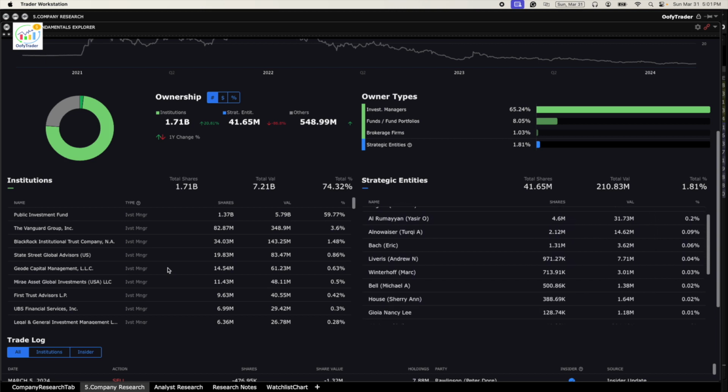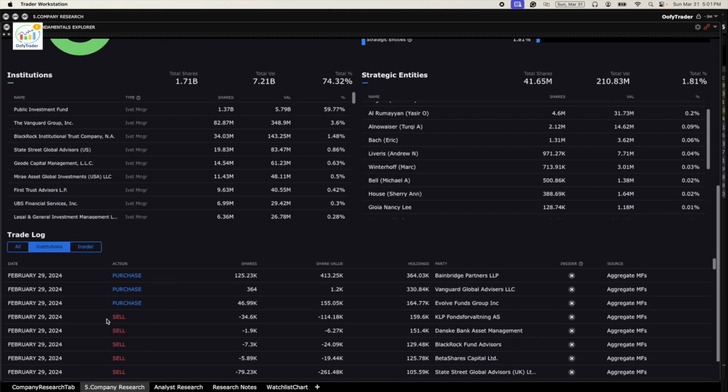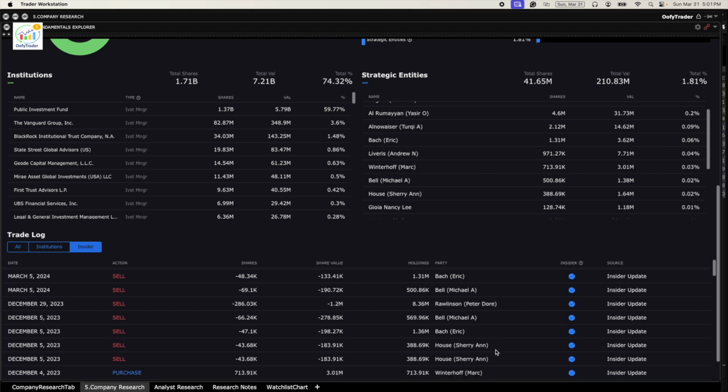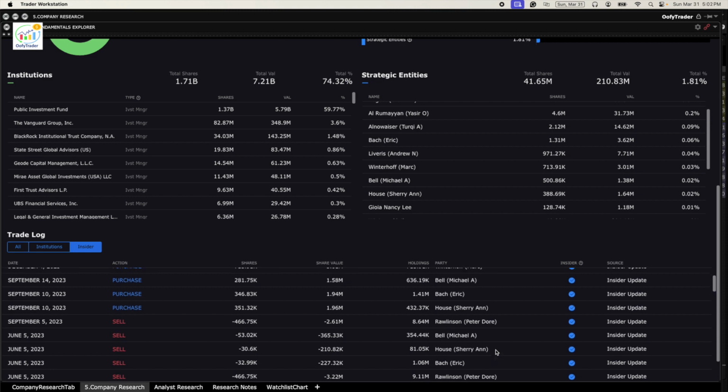And then from the trading log, I see whether it was purchased or sold, what is the amount, who did that, who is the party actually. And after that I look into the insider also, who sold that actually. Insider selling will give a lot of information, so this is the other place I look.